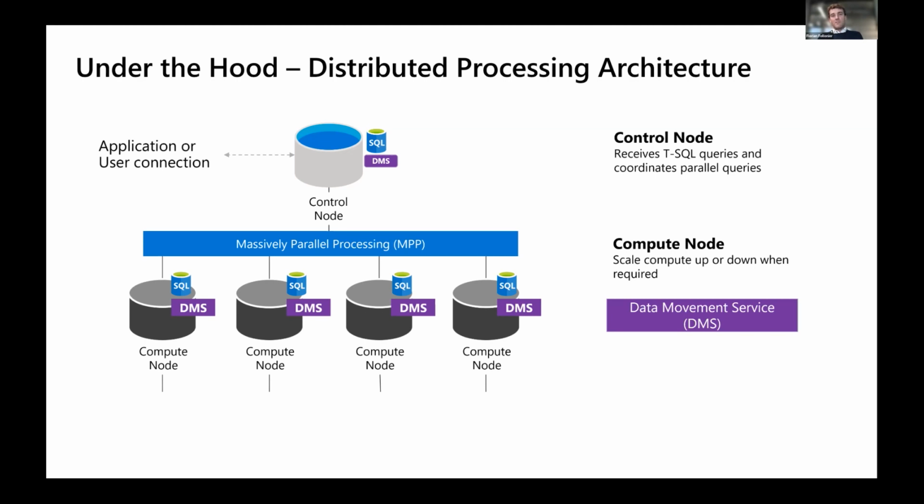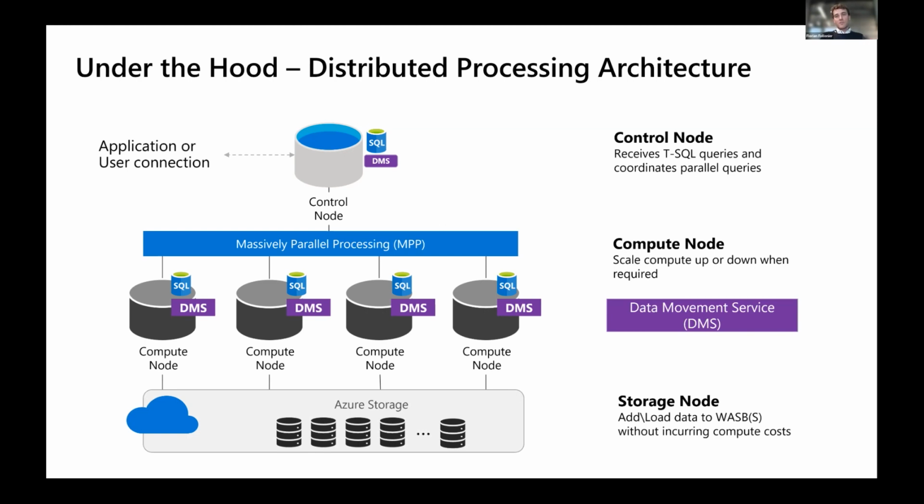One level below, we have the whole storage. And it's important to note that storage and compute are two different things in dedicated SQL pool. So this is really entirely decoupled. And this has the advantage that you can pause the whole pool, but the data is still there. So for example, if you don't need the whole cluster to be up over the weekend because no one's using it, you can just pause it. But when you turn it on Monday again, the data will still be there.